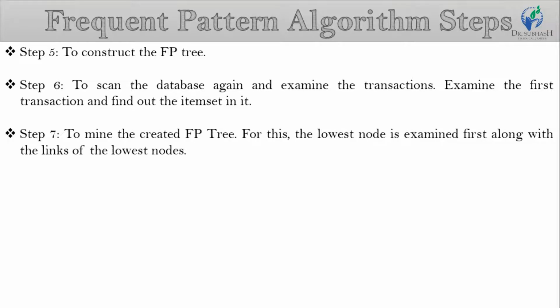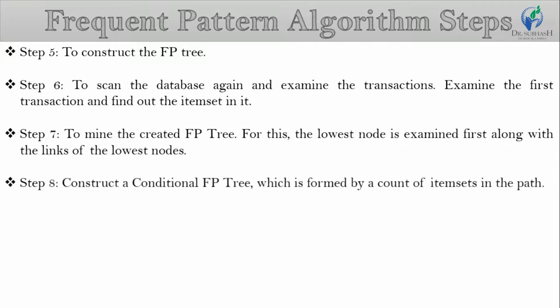Conditional pattern base is a sub-database consisting of prefix paths in the FP tree occurring with the lowest node, or we can say suffix. The next step is to construct a conditional FP tree, which is formed by a count of item sets in the path.